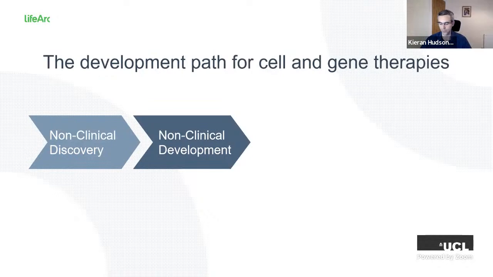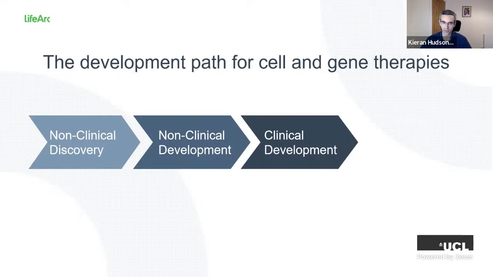As I say, this will be explained more in subsequent webinars, but we're going to give an overview here. The next stage, once you've initiated your first in-human trial, is clinical development. This is all the work done in patients and humans, and the work that contributes towards eventually getting marketing authorization, having your product approved and adopted and into patients more broadly.